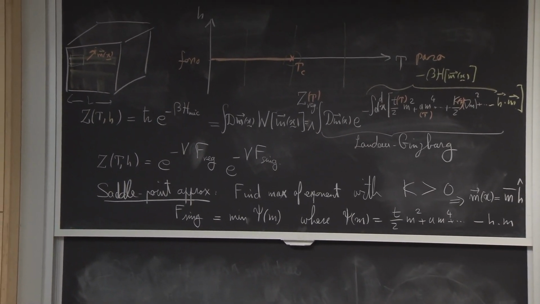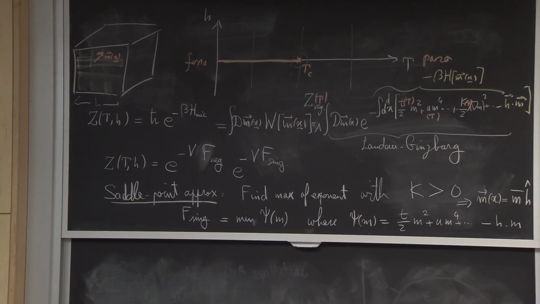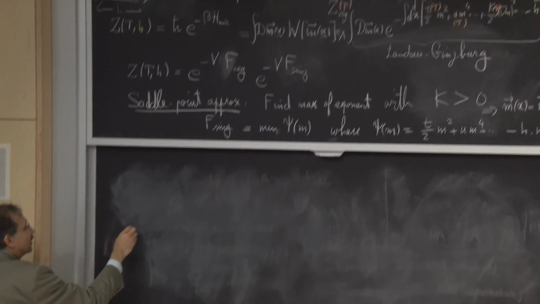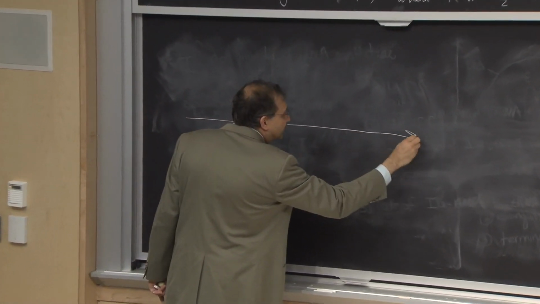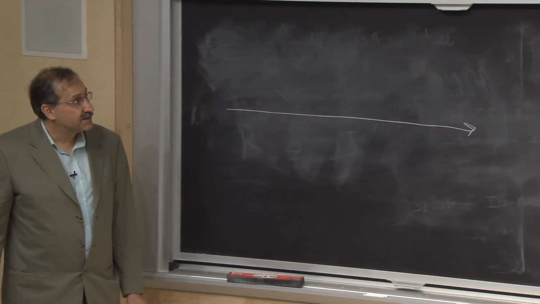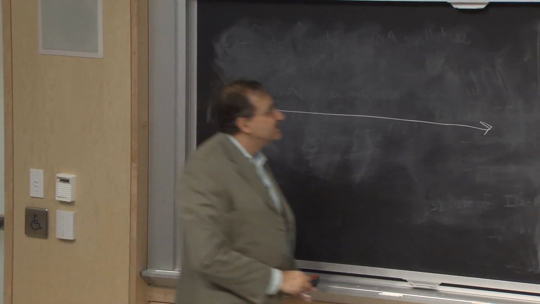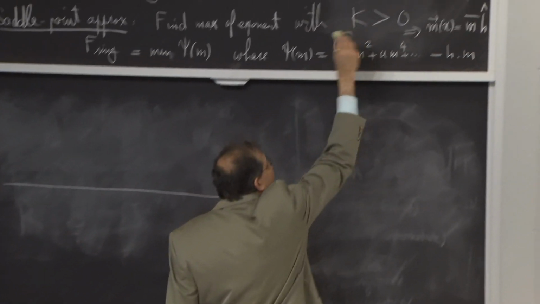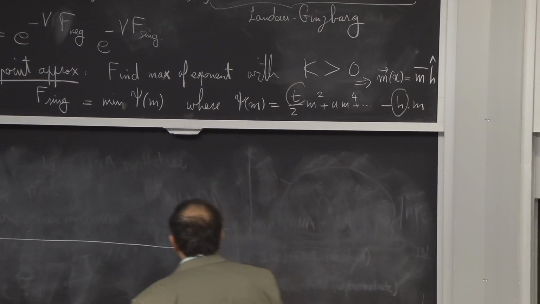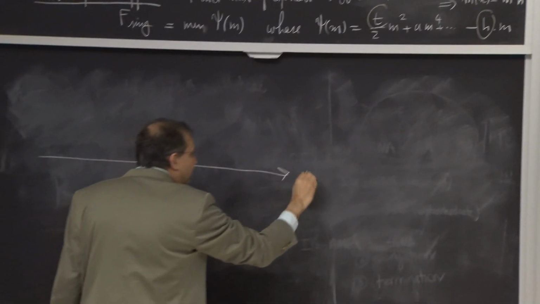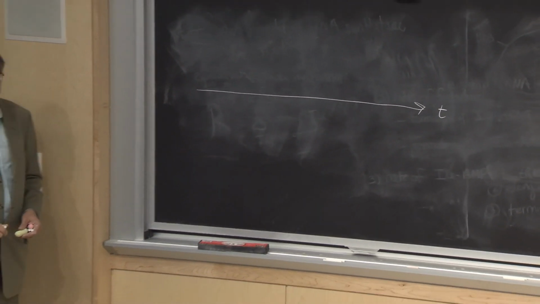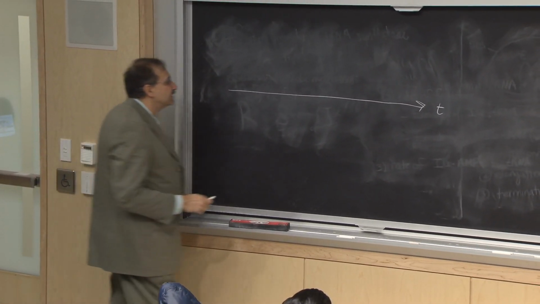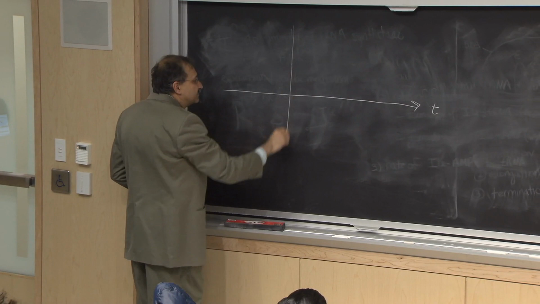OK? Let's explicitly show how that occurs. So I'm going to show you the shape of this function in the space that is spanned by the parameters that I have here, which are t and h. We will come to u later on, but for the time being, since I want to show things in a plane, let's stick with t and h.